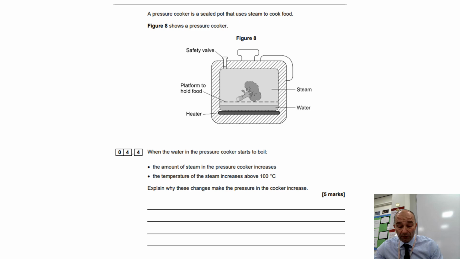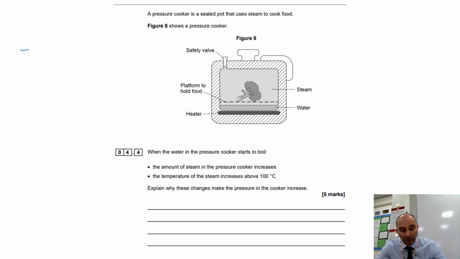We can do that because we're increasing the pressure. We need to explain why these changes make pressure in the cooker increase. Now this is worth 5 marks, and you just need to almost learn this kind of answer step by step. And it's another good example of where you can bullet point an answer.